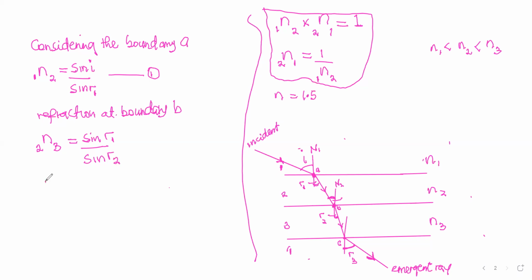So let's also look at refraction of light at boundary C. The refractive index as light moves from medium 3 back to medium 1 will be sine of, what will be the angle of incidence there in medium 3?